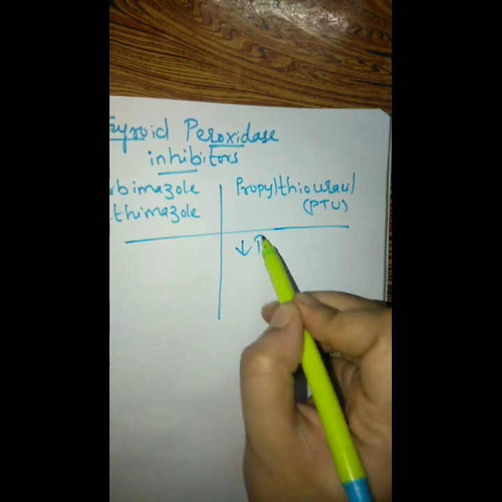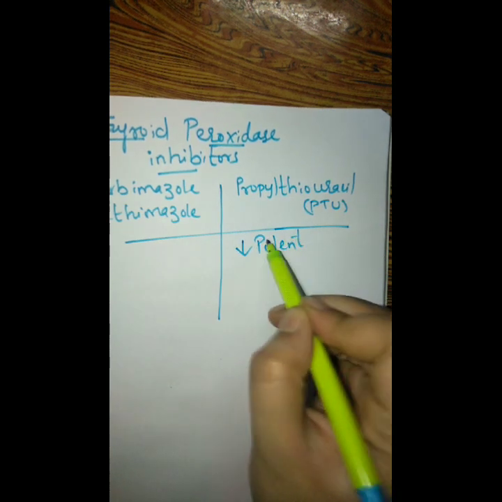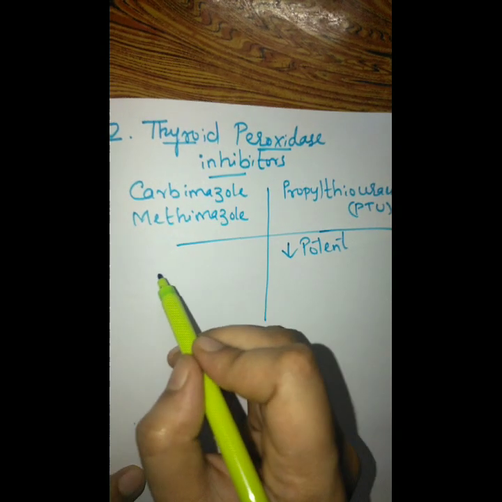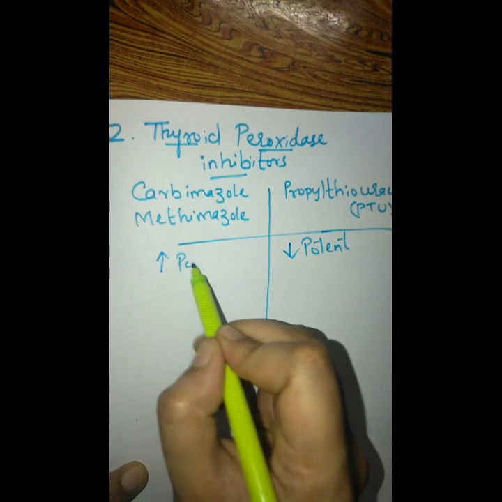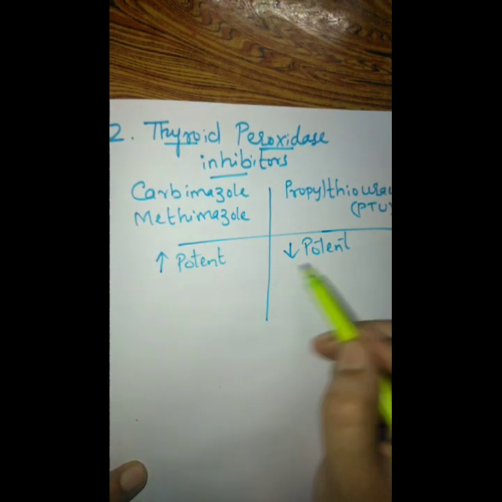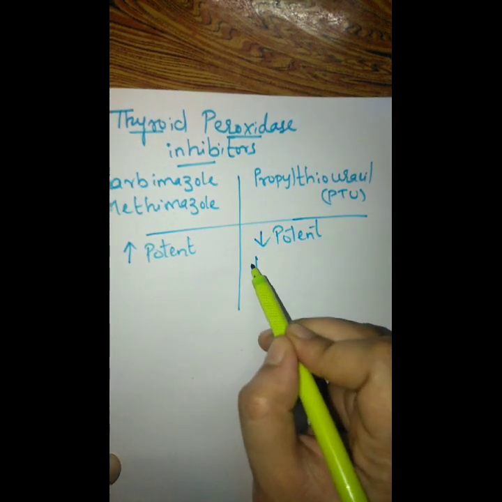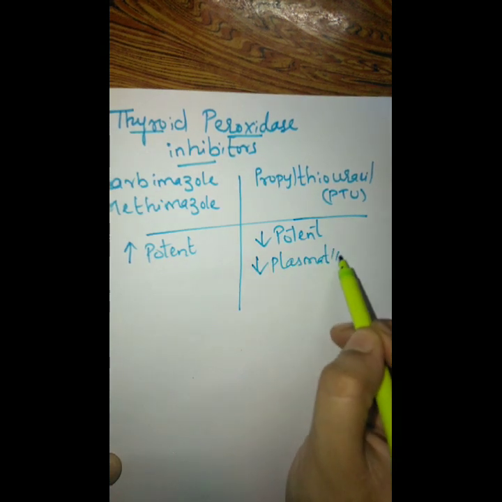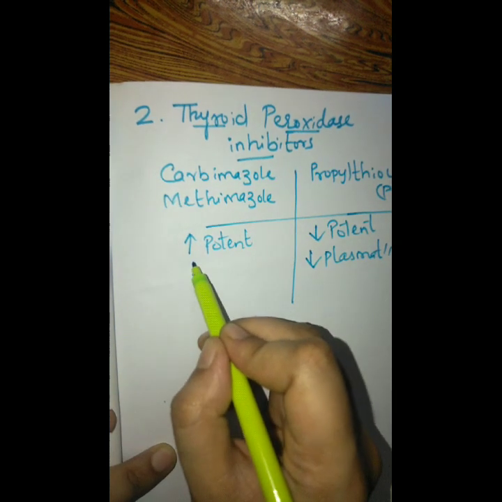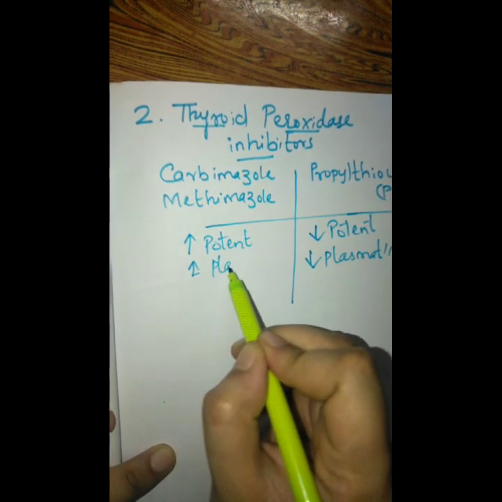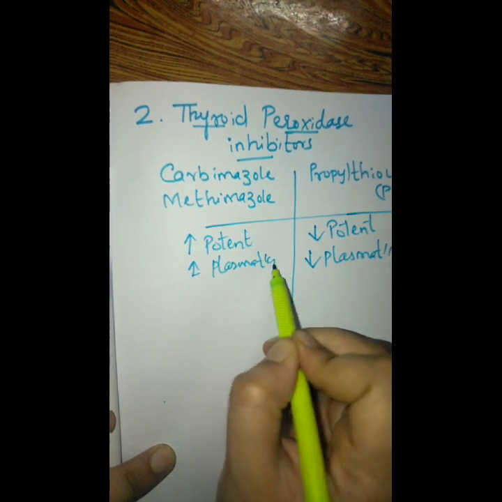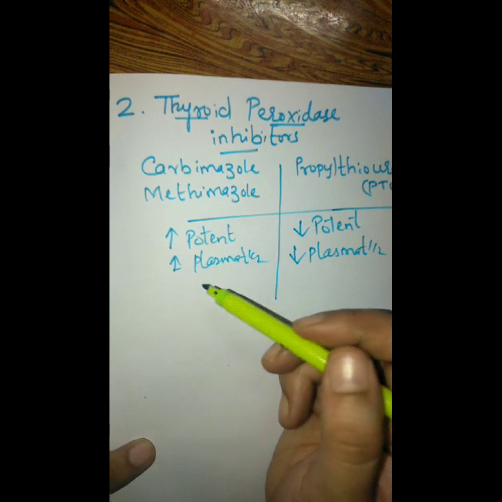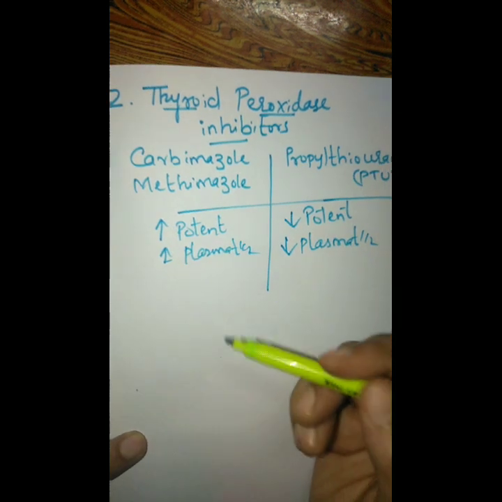It has less potency, or you can say propylthiouracil is less potent. Carbimazole and methimazole are more potent. Next, about plasma half-life, propylthiouracil has a low plasma half-life, whereas carbimazole and methimazole have a longer plasma half-life. So in these two aspects, carbimazole and methimazole are superior to propylthiouracil.